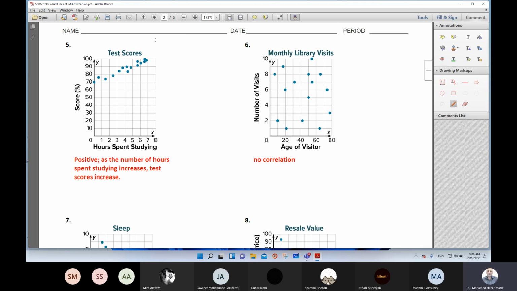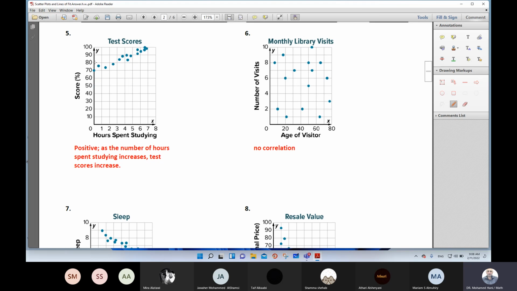In this example here, as you see, we have increase in the x, increase in the y. So the relation here will be positive. So as the number of hours spent studying increases, test scores increase. Here no relationship between the points.